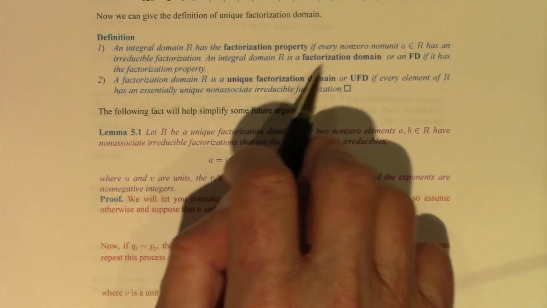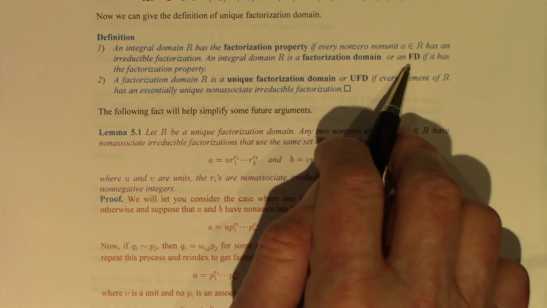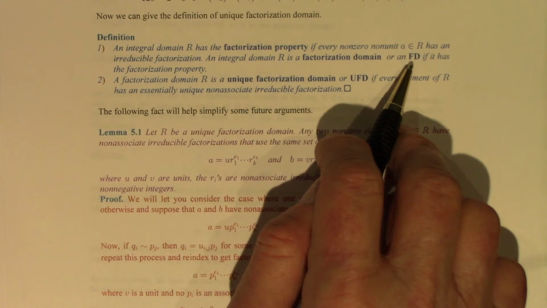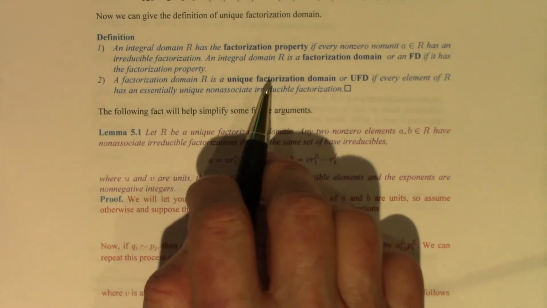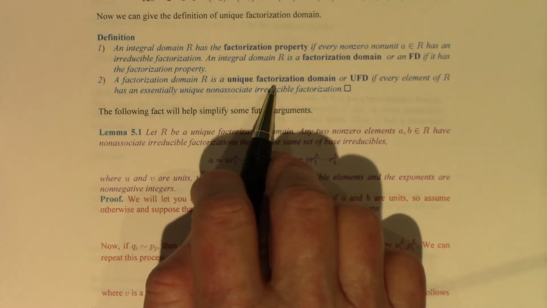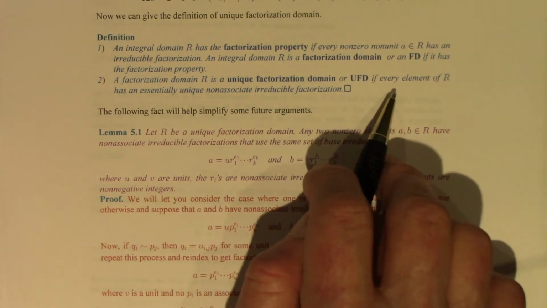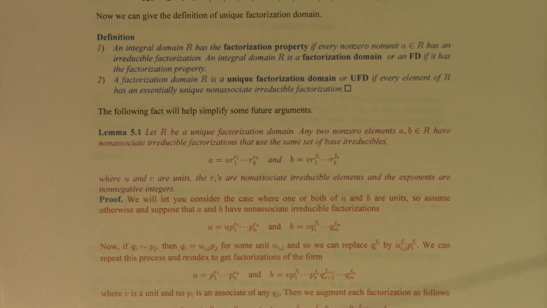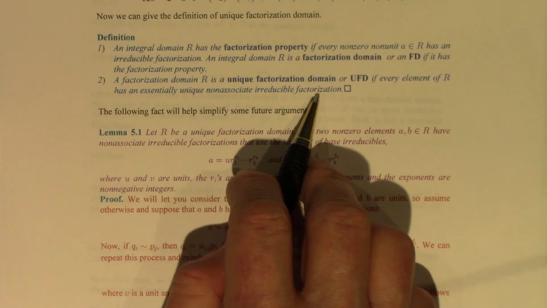An integral domain R is a factorization domain, sometimes abbreviated FD, if it has the factorization property. A factorization domain is a unique factorization domain, often abbreviated UFD, if every element of R has an essentially unique irreducible factorization.